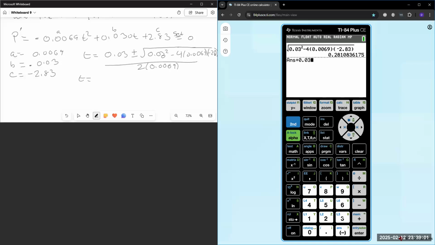So we have 0.03 plus or minus the square root, about 0.281, all over 2 times 0.0069.